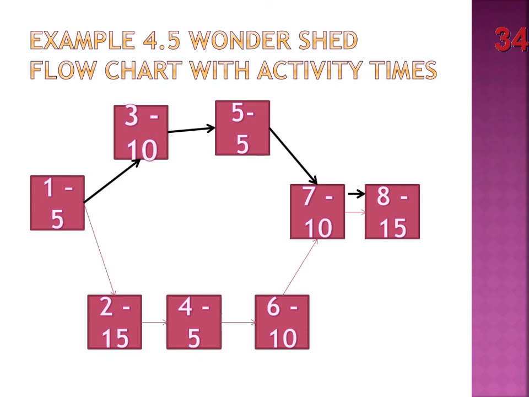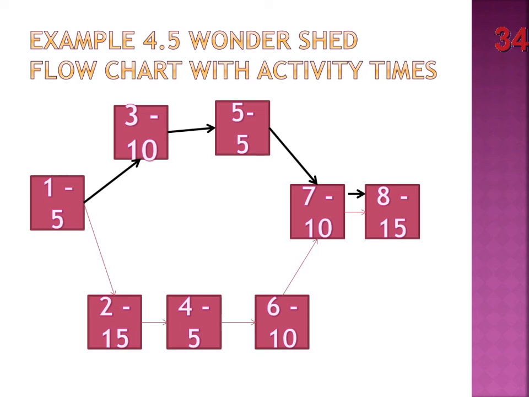So again, we're down to activity times, and I'm going to say the top is going to be 15, 20, 30, 45 minutes, and the bottom is going to be 20, 30, 40, 50, did I do that right? 20, 30, 40, 50, 65 minutes.